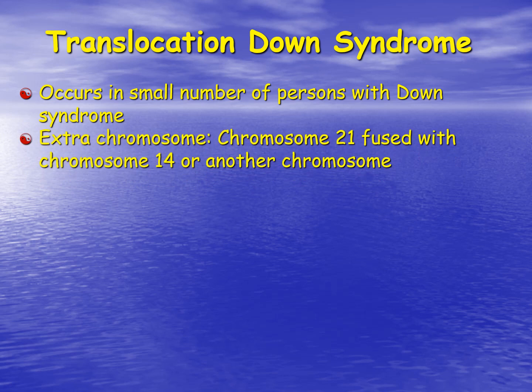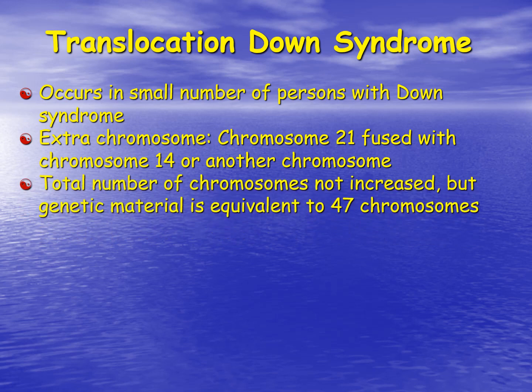And this is where we do have an extra chromosome number 21, but it fuses with chromosome number 14 or another chromosome, and most often it is chromosome 14. So when we look at the number of total chromosomes, instead of having 47, we will still have 46 chromosomes because that extra 21 is stuck on 14.